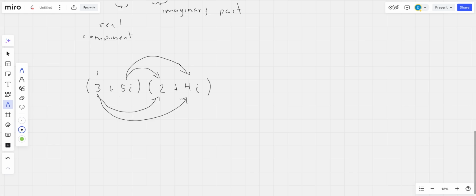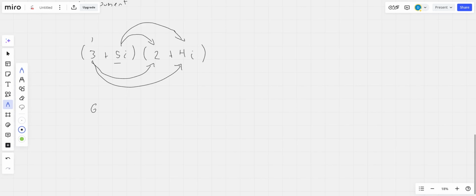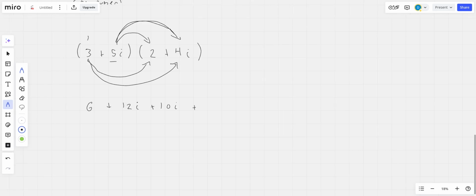And the same for this one. So 3 times 2 equals 6. And 3 times 4i equals 12i. 5i times 2 equals 10i. And lastly, 5i times 4i equals 20i squared.